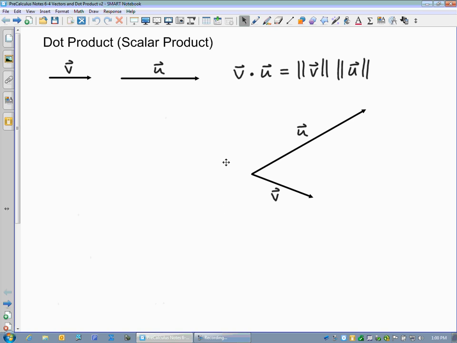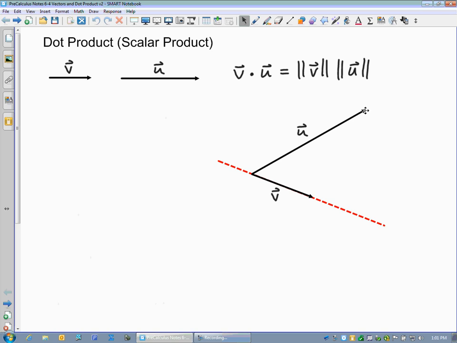So we're going to think of the line that contains vector v, which I've made here as a red dotted line, and we're going to project u onto that line. And you can think of it as if light rays were coming down perpendicular to our red line, then the projection would be the shadow that's cast upon that line.